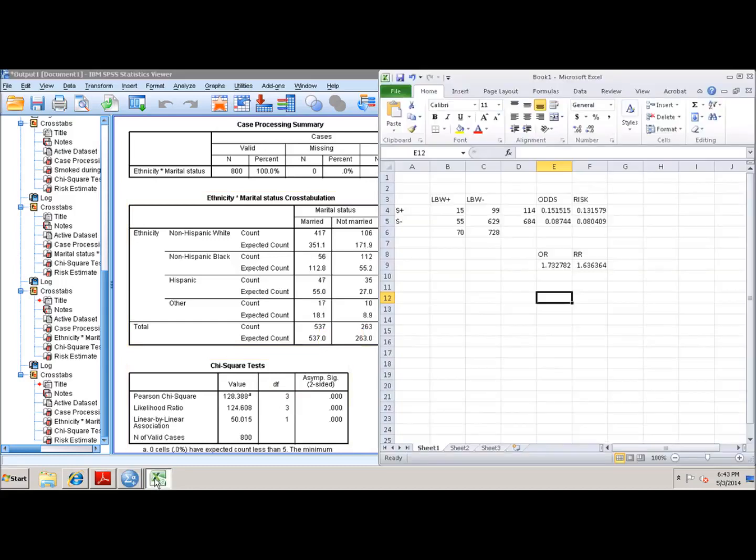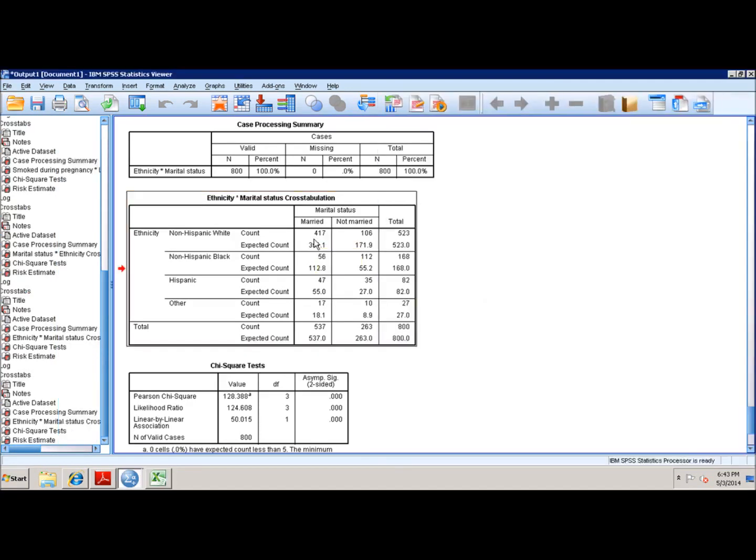Now again, tying back to the probability lab, if you recall, for independent events, the probability of A and B, meaning the intersection here of a cell. So let's say the event A is non-Hispanic white, and let's say the event B is married. So the probability that both of these occur is the intersection here.